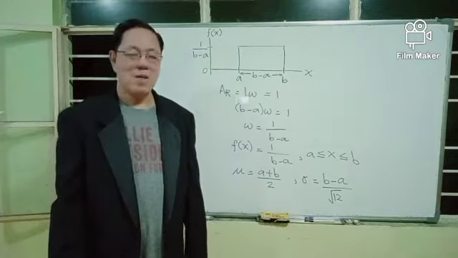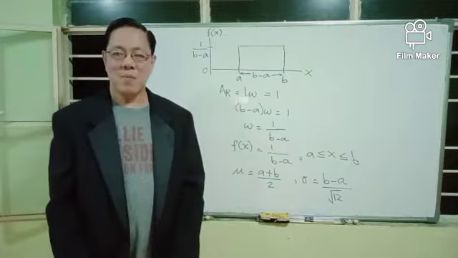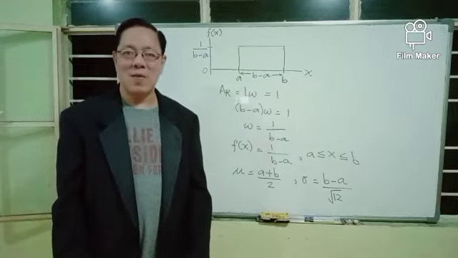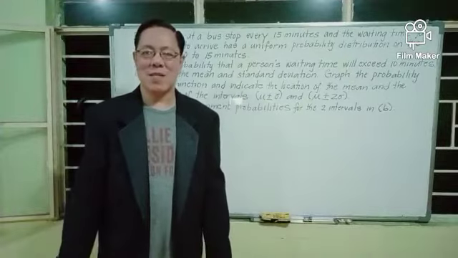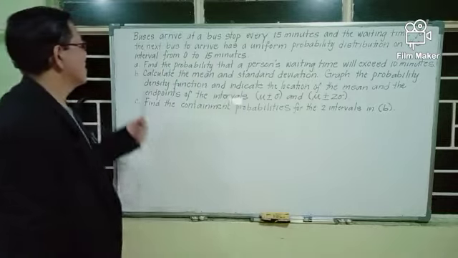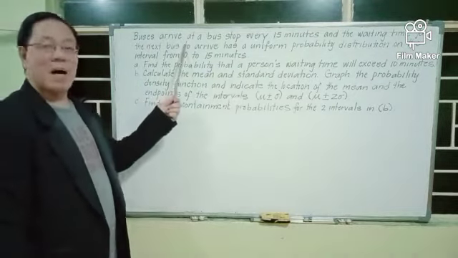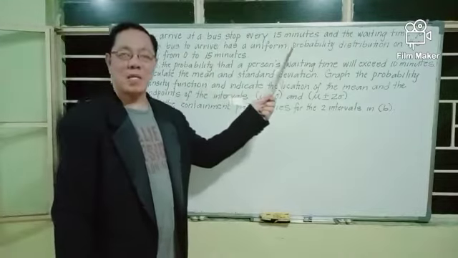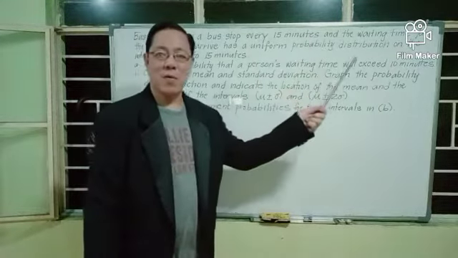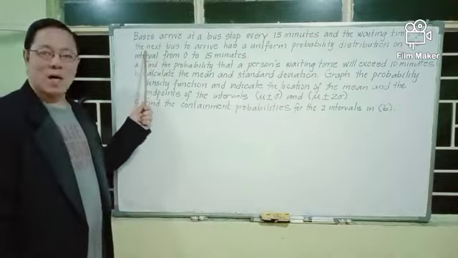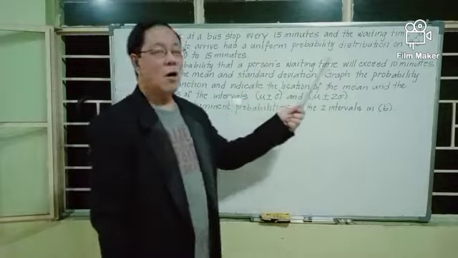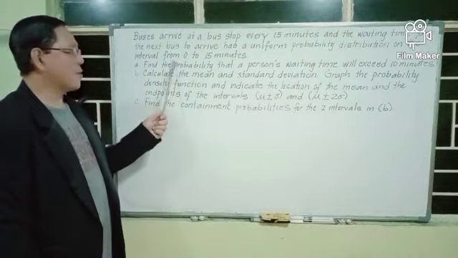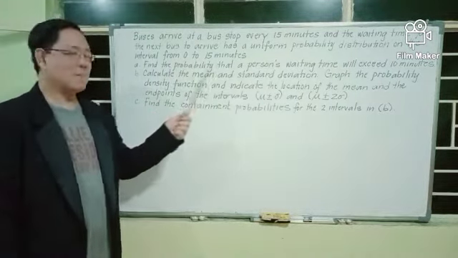Now we take some examples for applying this formula to problems involving uniform probability distribution. For our first example, consider the following problem. Buses arrive at a bus stop every 15 minutes, and the waiting time for the next bus to arrive has a uniform probability distribution on the interval from 0 to 15 minutes.